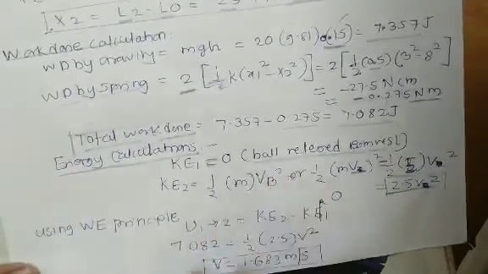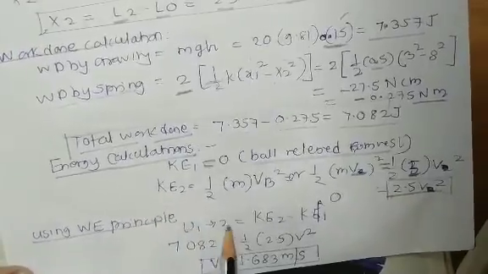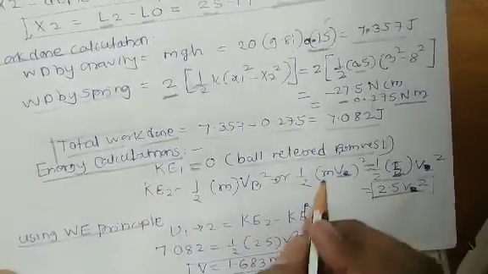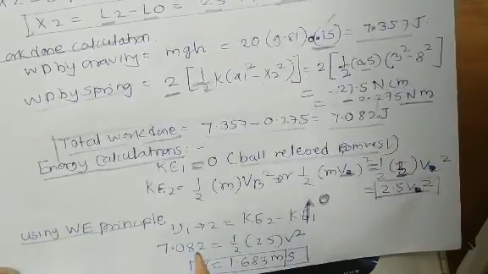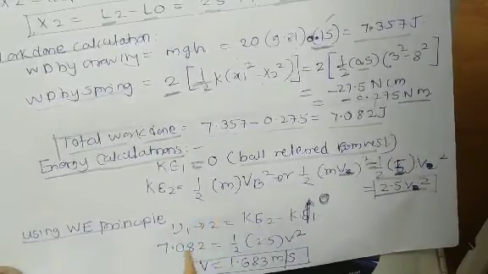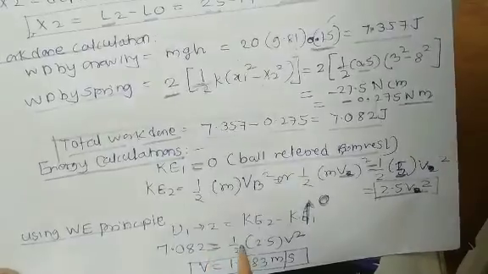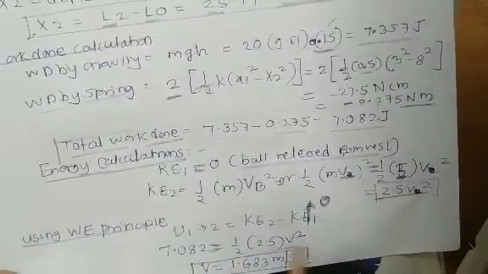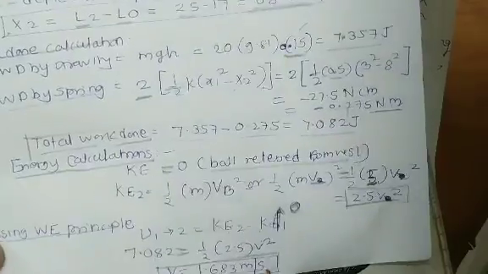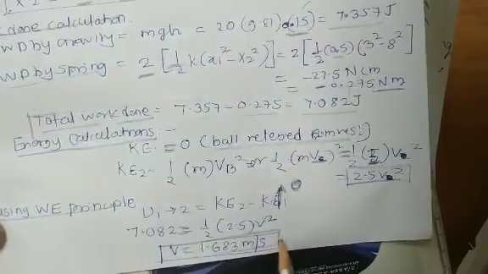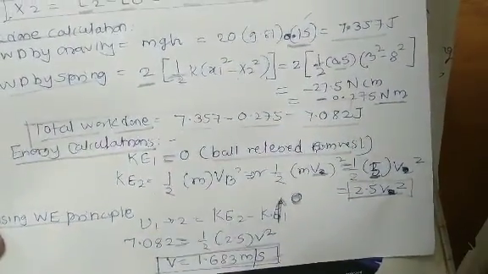Now we'll use the work energy principle: U1 to 2 is equal to K2 minus K1. Initially the ball was at rest, so K1 is equal to 0, and U1 to 2 is 7.082, equal to 2.5 V square. V is equal to 1.683 meter per second. So in position 2 the ball will have fallen with this velocity, equal to 1.683 meter per second.